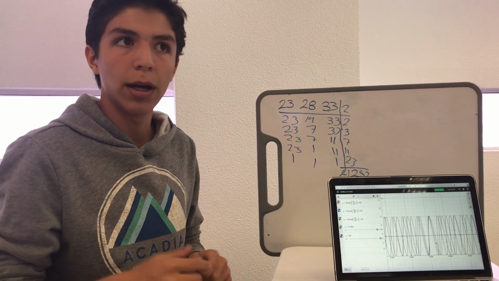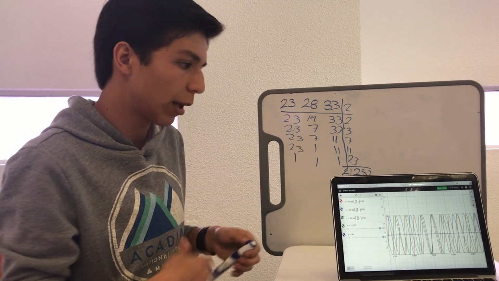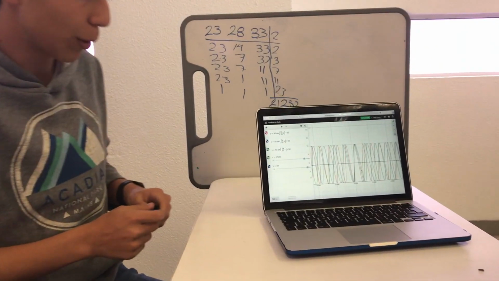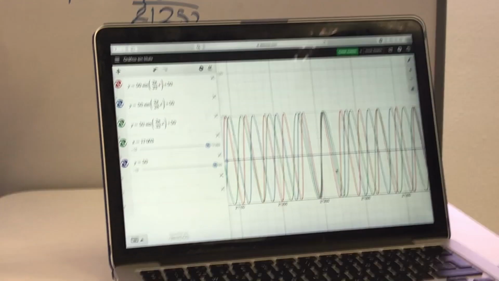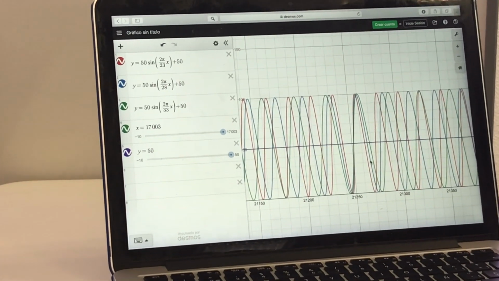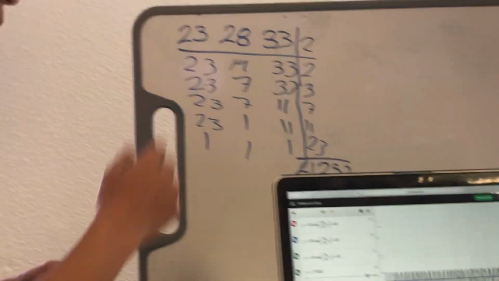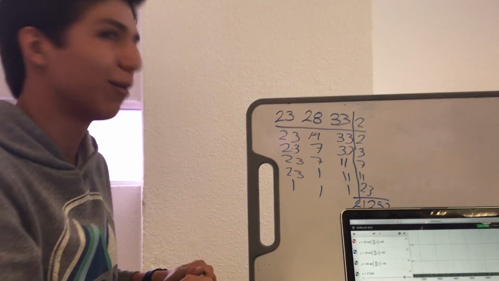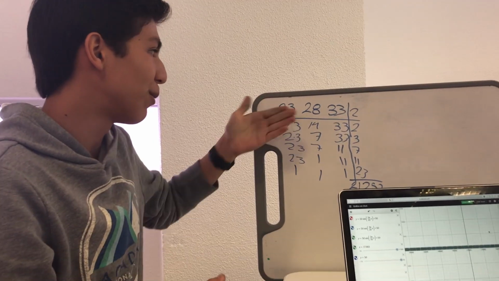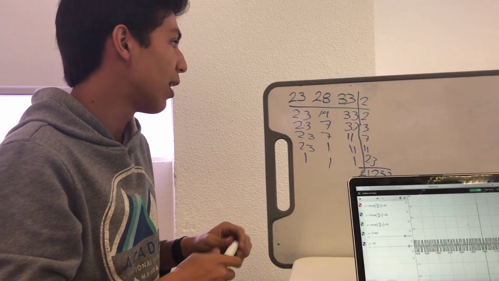So we know that these 3 values start again at the number 21,252. We know this by getting the minimum common multiple of the 3 numbers that were given to us.